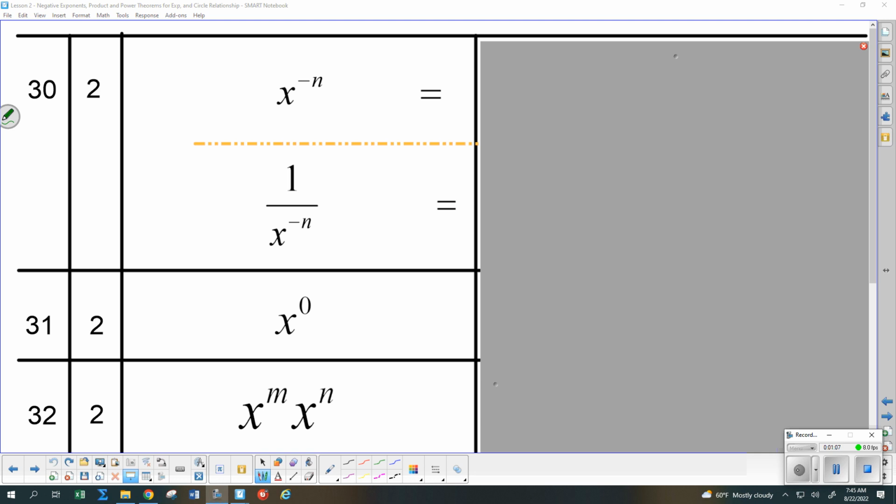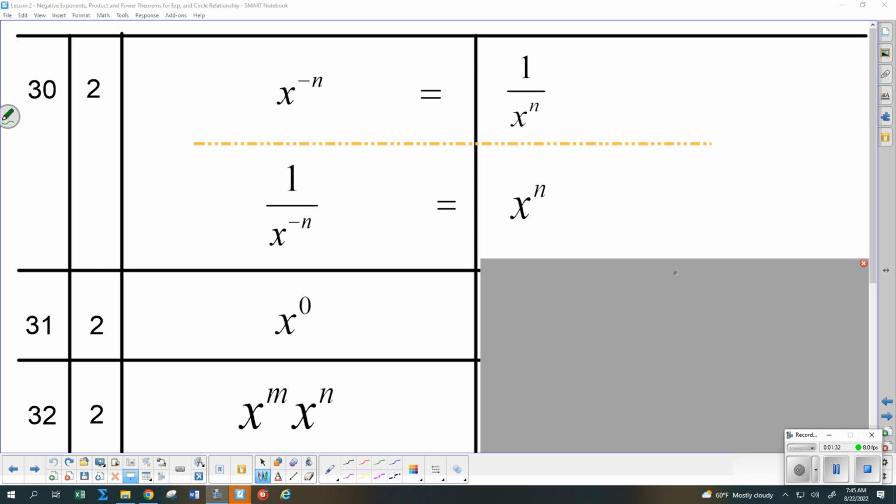Another way of saying it, and you're being much more formally correct, which I love, but to make it maybe more understandable for some, I sometimes call it the upstairs downstairs rule. If you have a negative exponent, it can change from upstairs to downstairs or downstairs to upstairs, and you change the exponent from negative to positive. Or if it's positive, and for some reason you want to move it upstairs or downstairs, it's fine to do that. The number part stays the same, but the positive becomes a negative.